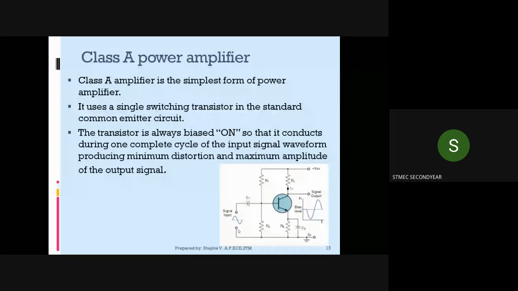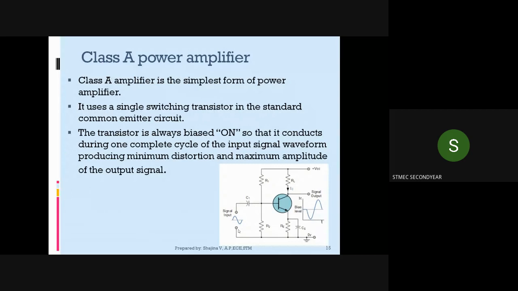Among those, efficiency is one of the most important parameters. Efficiency means the AC power delivered to the load divided by the input DC power. The main purpose of a power amplifier is to convert DC power into output AC power, so that conversion efficiency is the major performance parameter.